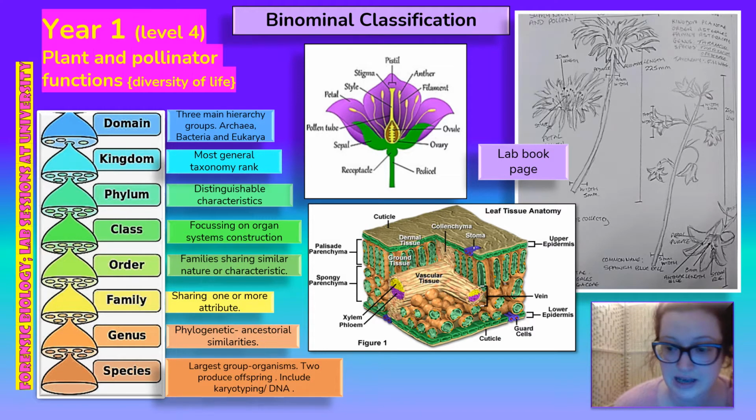So bacteria has its own complete category, and then it works its way down. So you've got kingdom, phylum, class, order, family, genus, and species. So species would be the smallest group of organisms. So two of them would produce offspring, and that would include karyotyping and DNA, which we will get onto later.